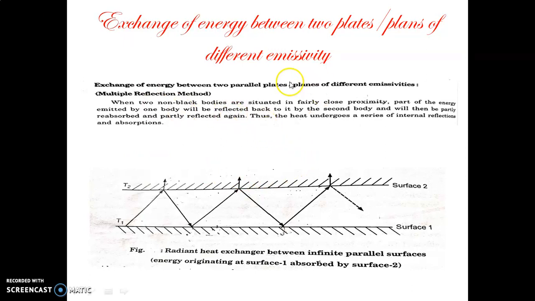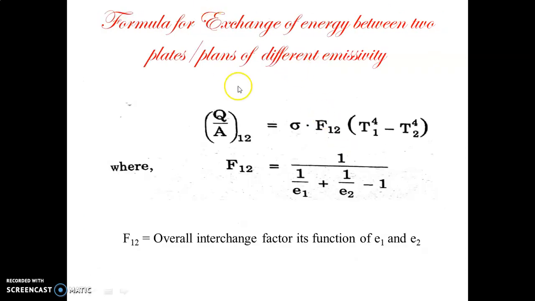How do we calculate the exchange of energy through these plates or surfaces? We use this formula: Q by A from 1 to 2 is equal to sigma F12. F12 is the overall interchange factor, and this factor is a function of E1 and E2.